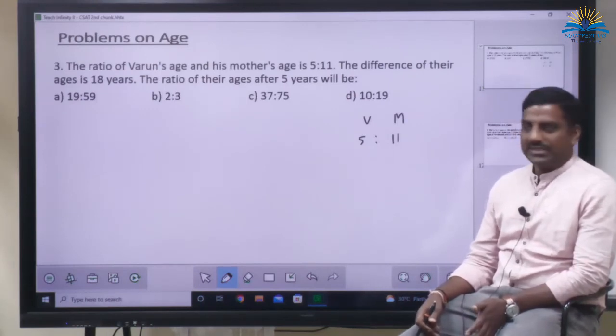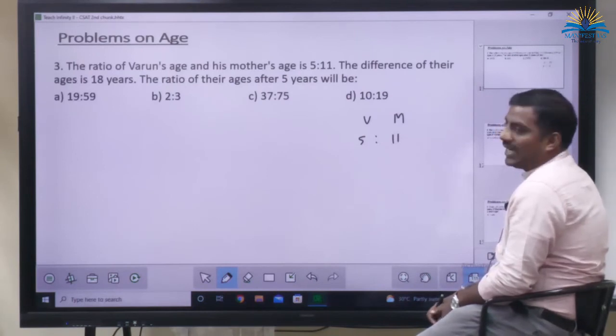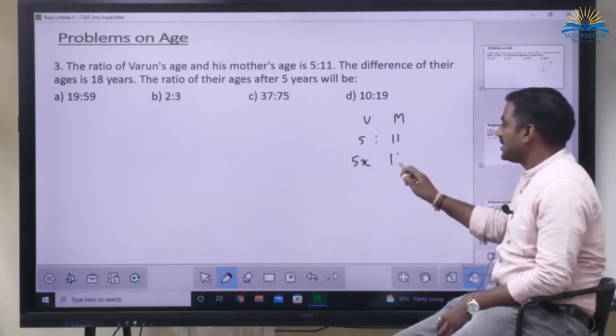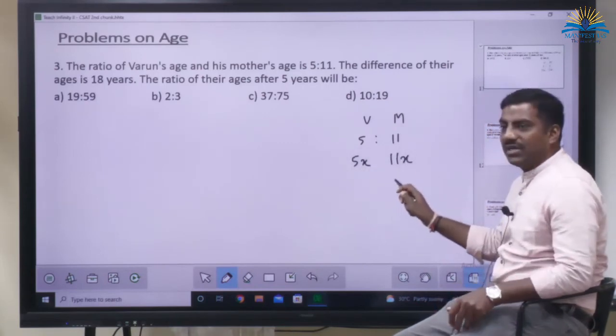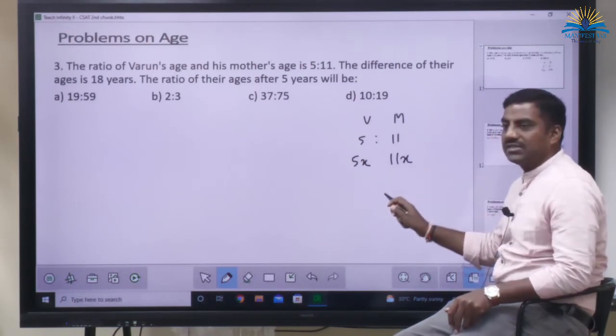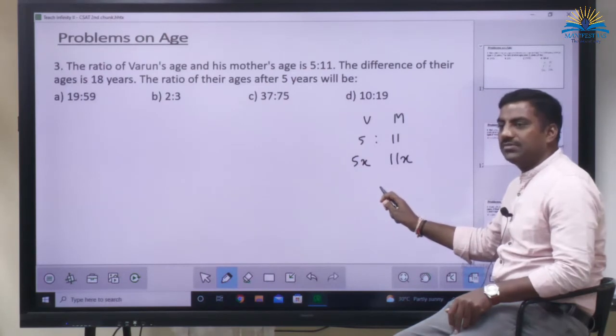5x and 11x. Okay. The difference of their ages is 18 years. Now see, if I take this as 5x and this as 11x, what will be the difference of them? 18. But how do you write in terms of x? Difference between 11x and 5x.